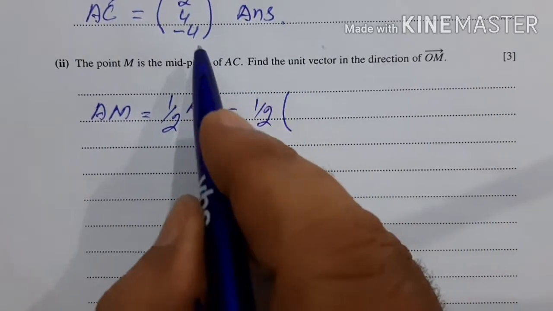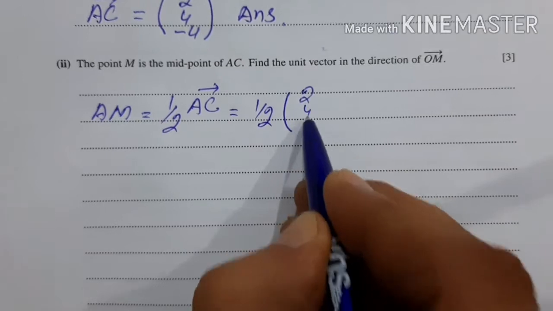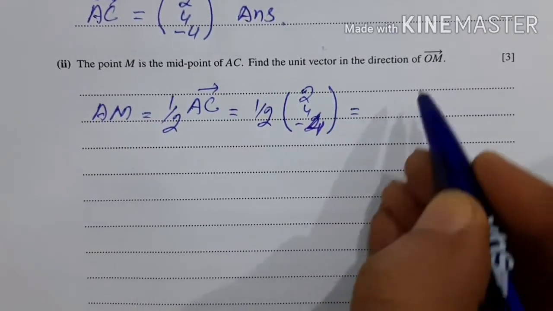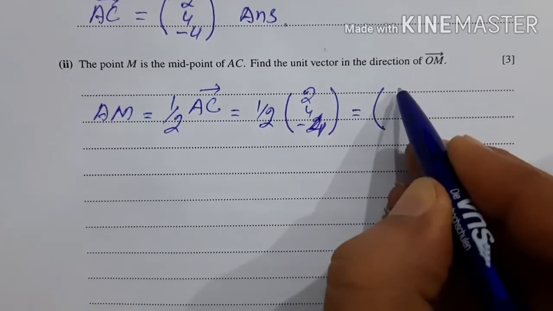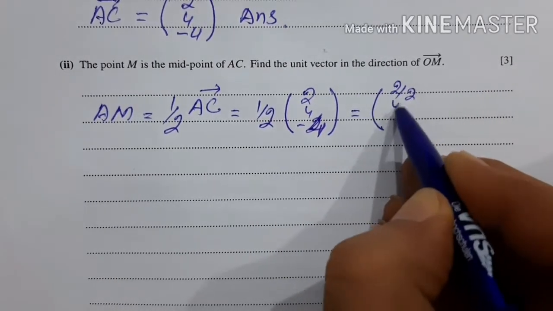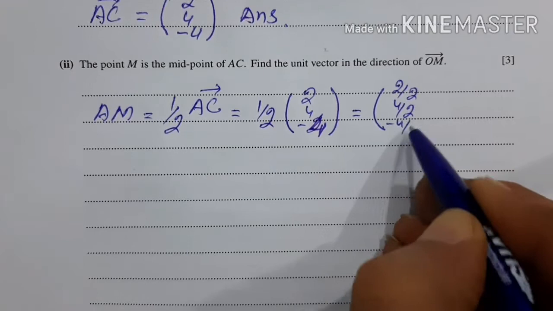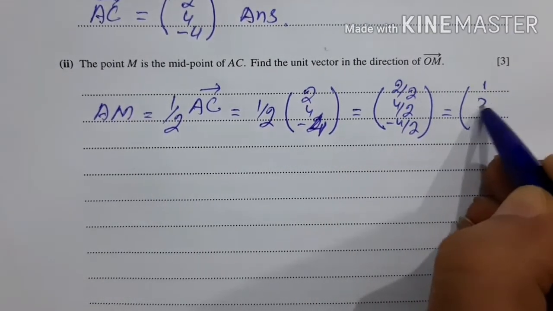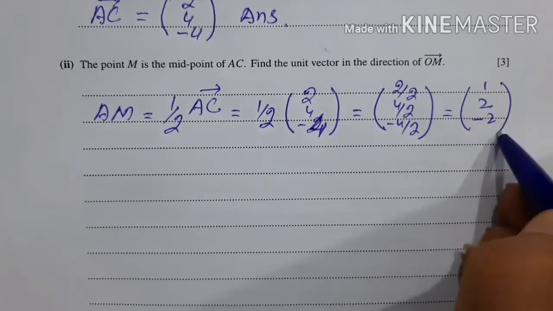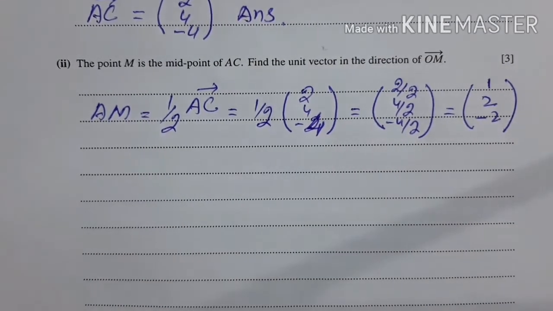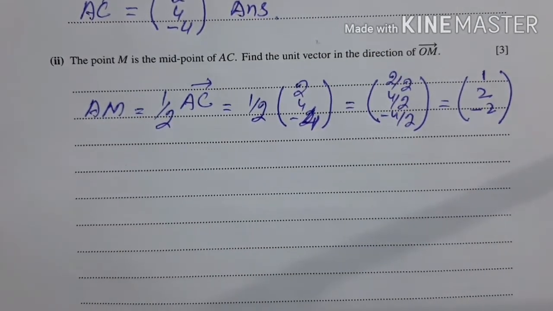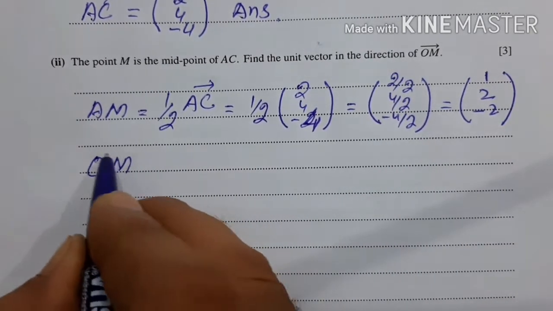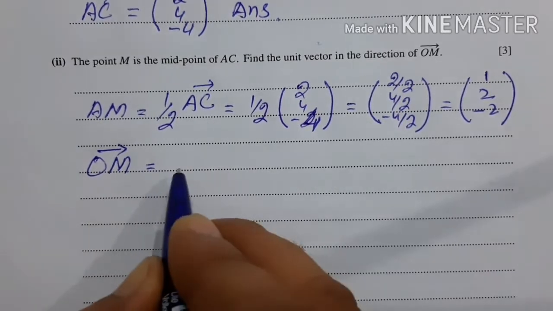What is AC from the previous part? (2, 4, -4). So this will become 2 over 2, 4 over 2, minus 4 over 2, which is (1, 2, -2). So this is our AM. Now we need to find OM. What is OM?